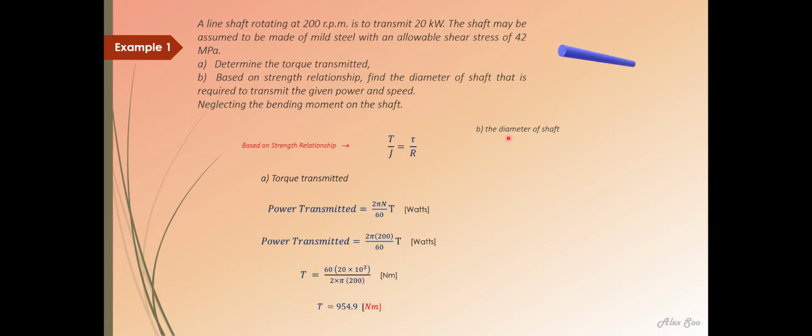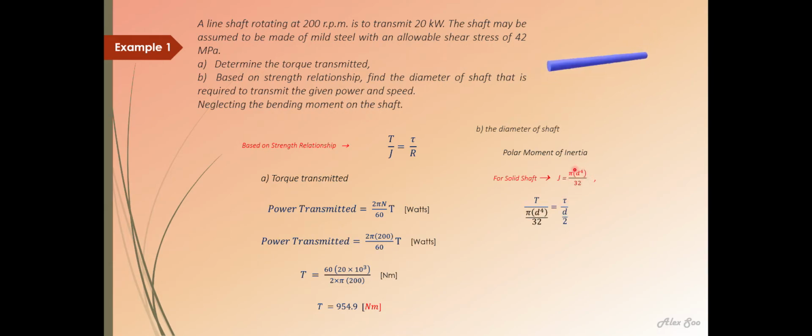Because we are required to find the diameter of the shaft, first is the polar moment of inertia of a solid shaft, which is pi d4 divided by 32.